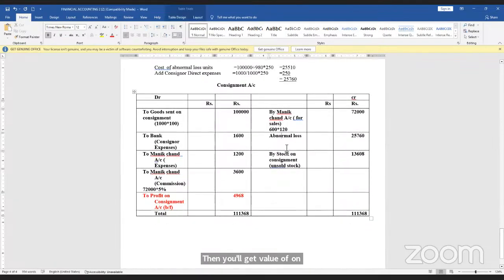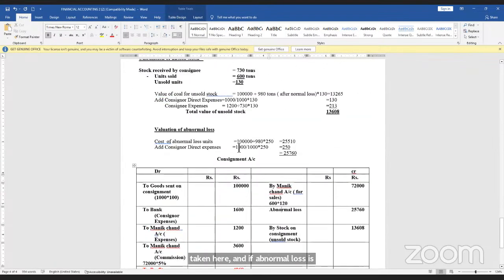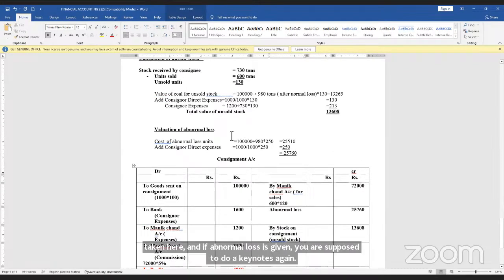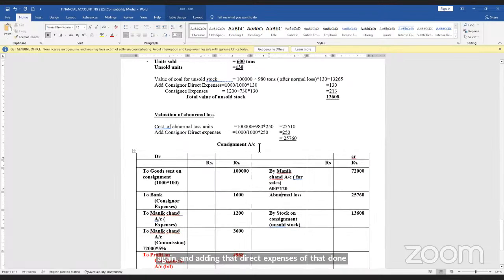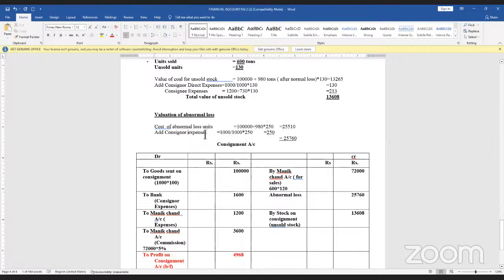And if abnormal loss is given, you are supposed to do working notes again, with abnormal loss units, adding the direct expenses of the consignor. For abnormal loss, we take all expenses. I'm sorry, once again, consignor's all expenses. Yes, for abnormal loss, we take all expenses.